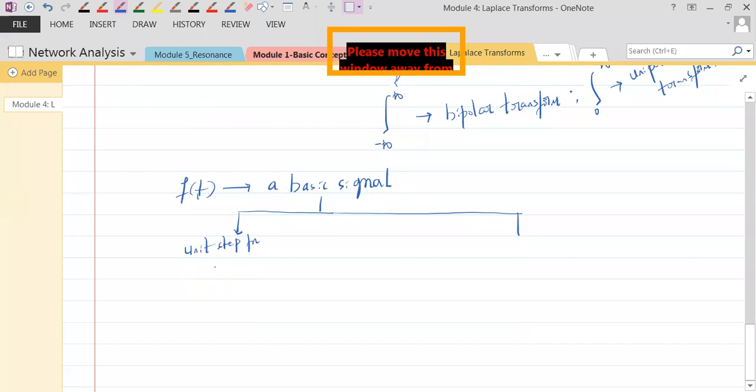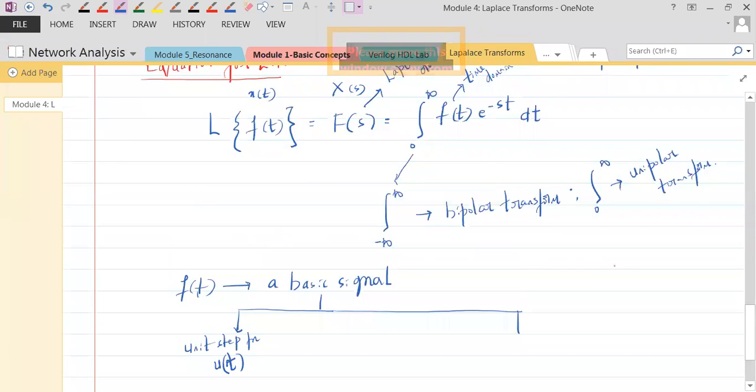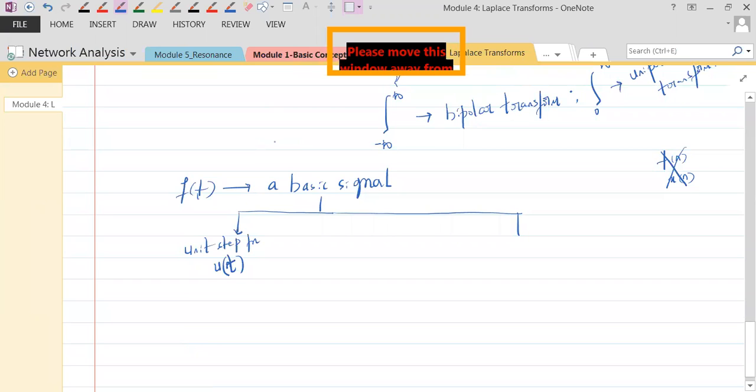So u of t. Continuous time means it is t. Otherwise, we would have represented it as f of n or x of n. But this is not of consideration because we are dealing with Laplace transform, which is applicable only for continuous time. That's why we consider f of t. So it is u of t, a basic signal, the unit step function or unit step signal. Then we have something called the unit impulse function.